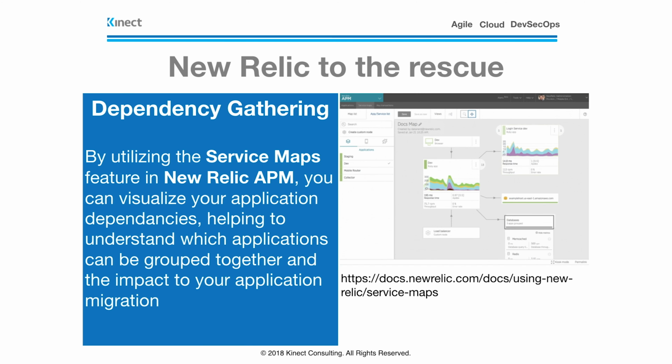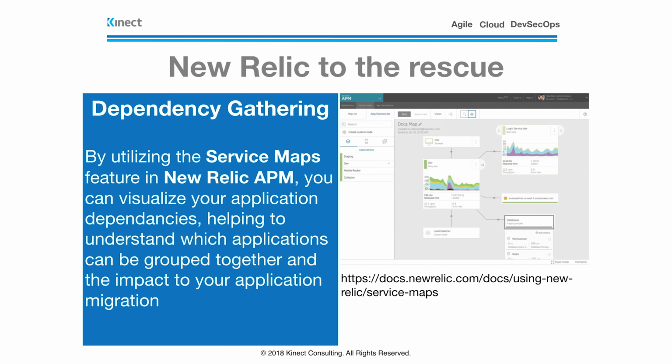And with APM, I can also gather dependencies. This is one of the biggest problems we have when doing any cloud migrations, understanding what those servers are talking to, what they need to move with it, and what we don't need to move as well. With the service map feature in New Relic APM, it's kind of hard to see.